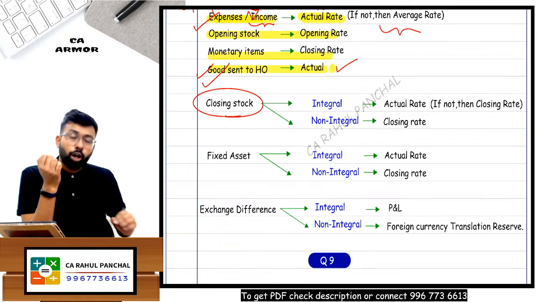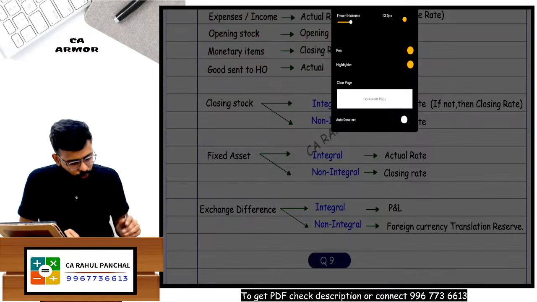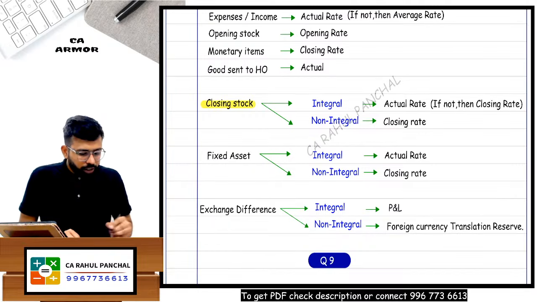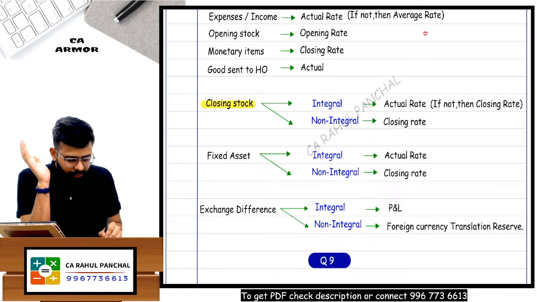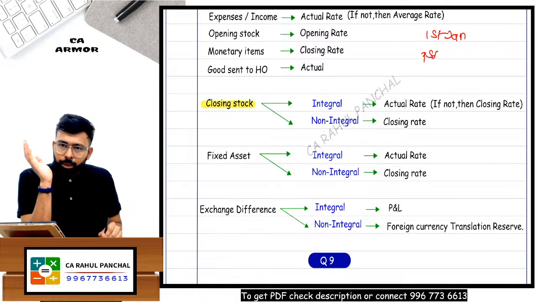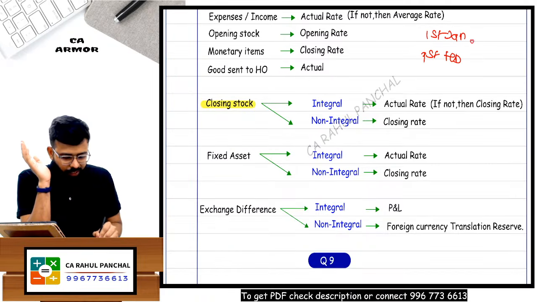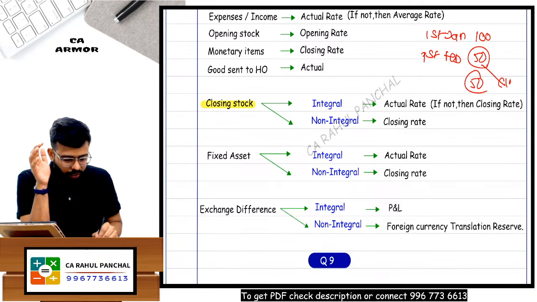Then, achha, if I talk about closing stock, now try to understand. When I say closing stock, what does it mean? See, you have purchased something on 1st Jan, you have purchased something on 1st Feb. Say 100 units you purchased, 50 units you purchased, and something is in the closing stock. So these 50 are in closing stock, and out of the 100, 20 are in closing stock.